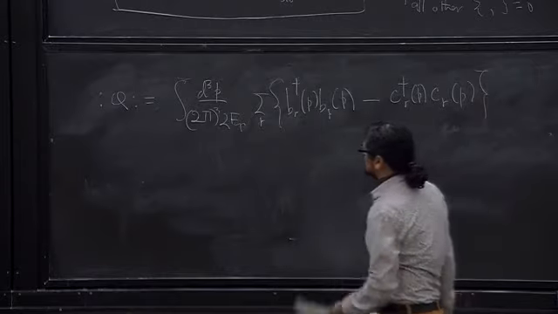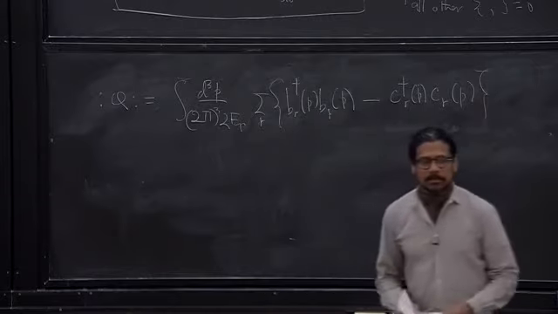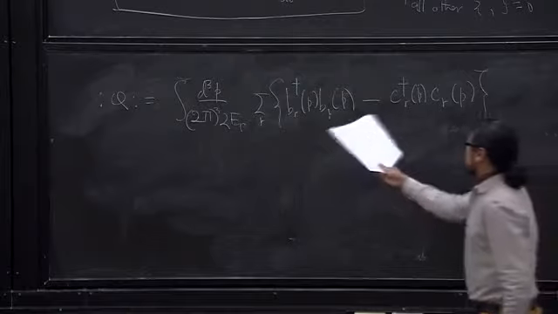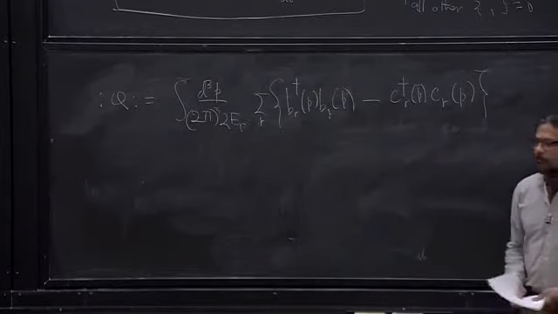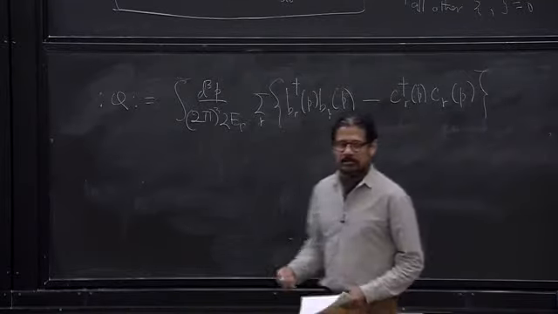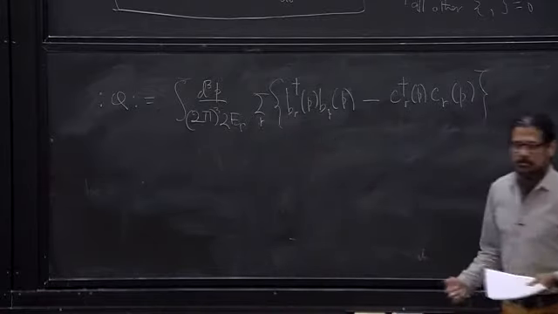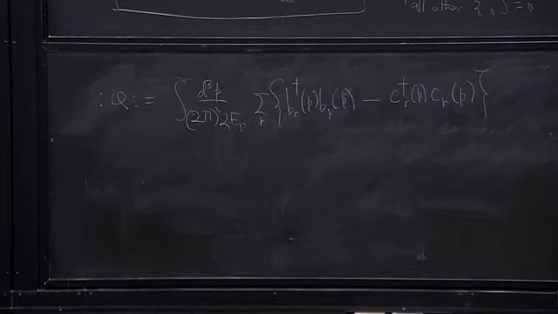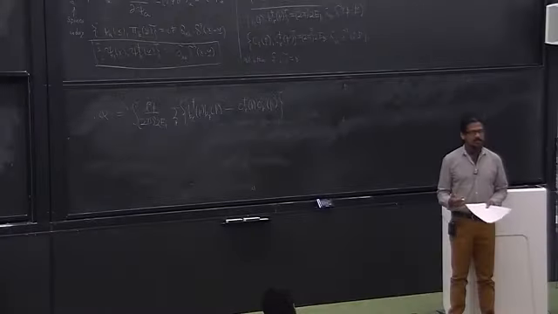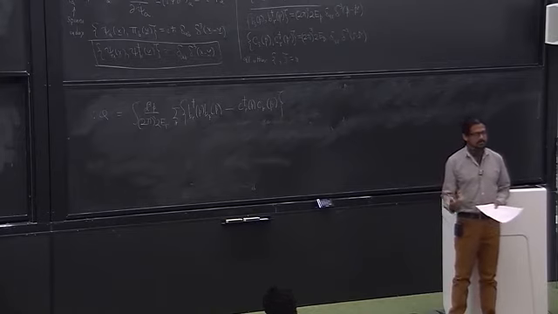So the charge operator is very simple, consists of two number operators, but the B type of particles contribute with positive sign, and the C type of particles contribute with negative sign. And that's the interpretation that the B type of particles should be interpreted as particles, and the C type of particles should be interpreted as antiparticles.